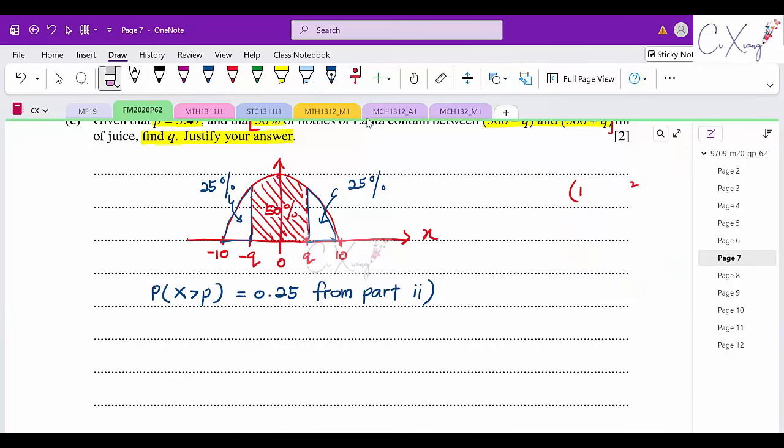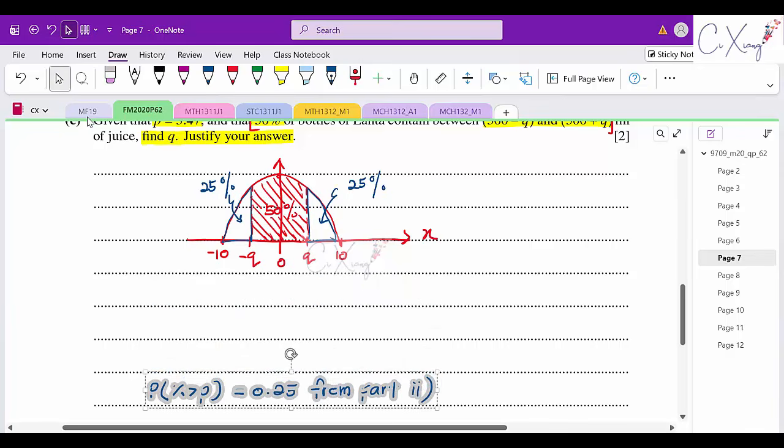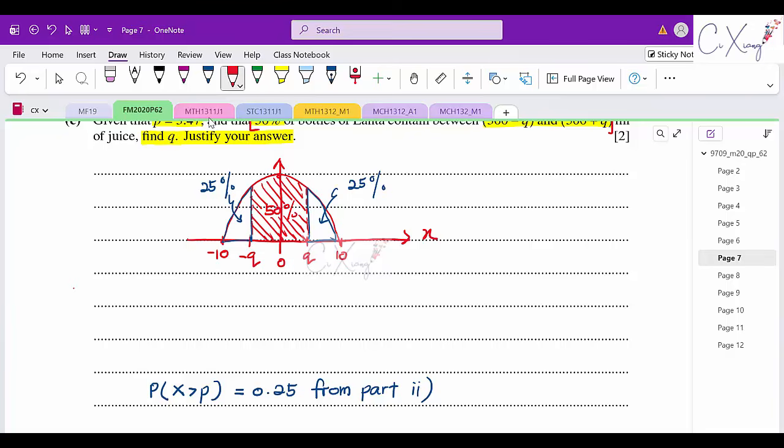But before that, we need to point out a few important notes here. So first of all, what I want to emphasize here is, according to the diagram, we know that the probability from negative Q to positive Q is equal to 0.50.